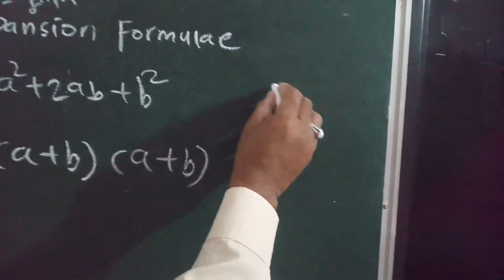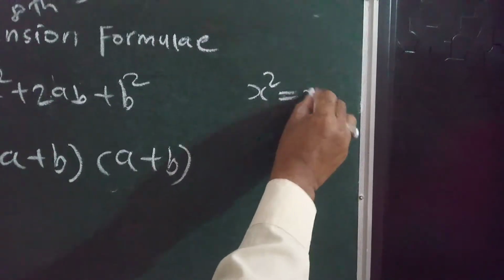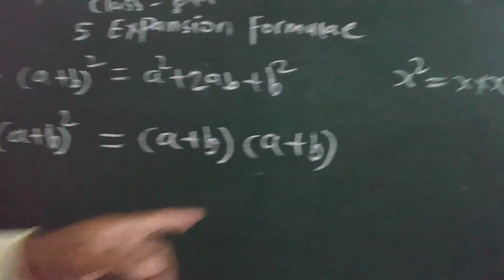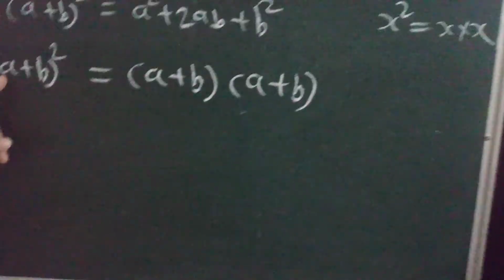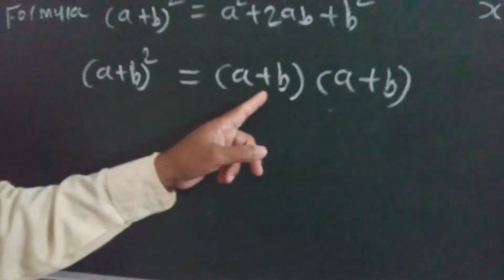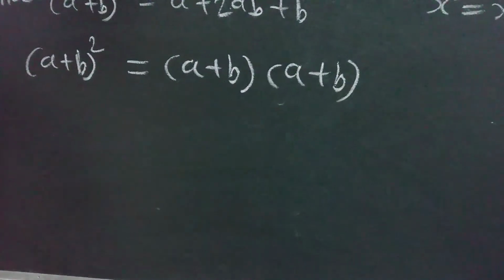We already studied in the third lesson that x square we can expand as x into x. This is the expanded form. Like this we can expand (a plus b) whole square as the bracket a plus b and a second bracket a plus b, 2 times.